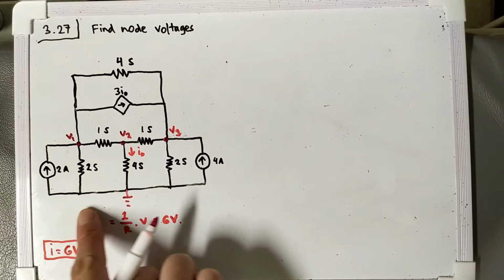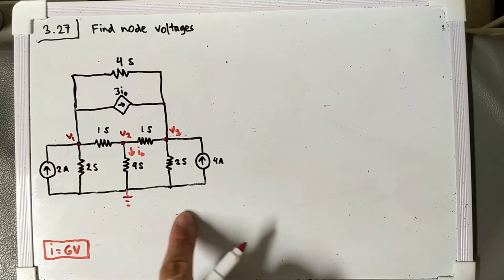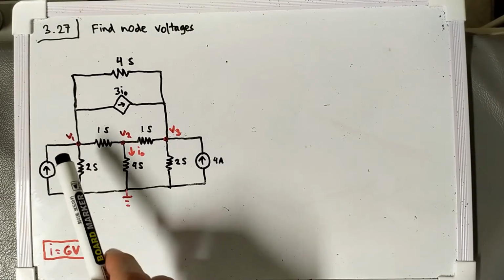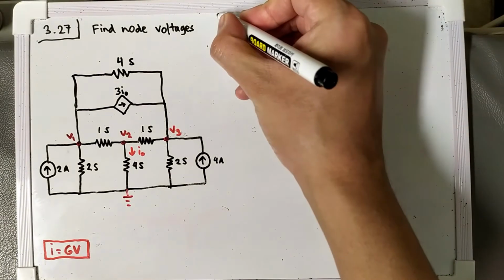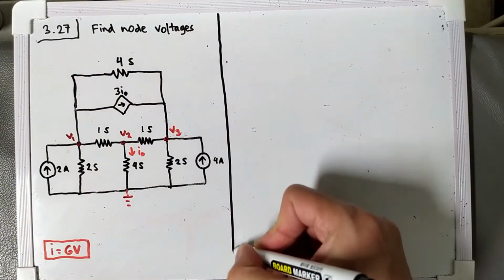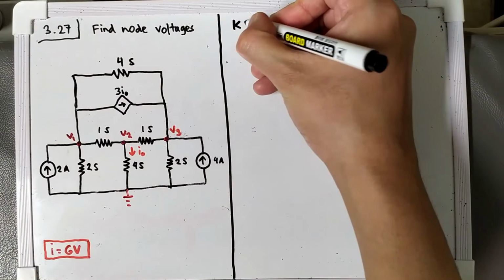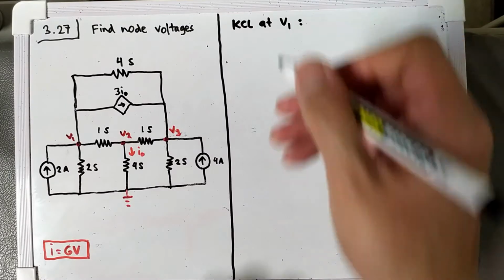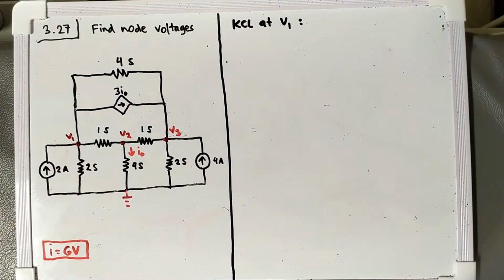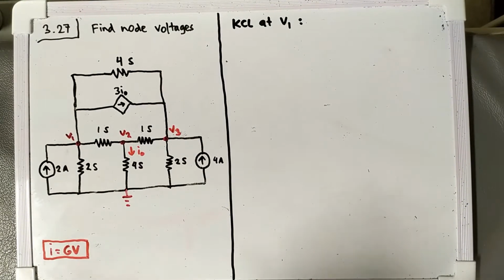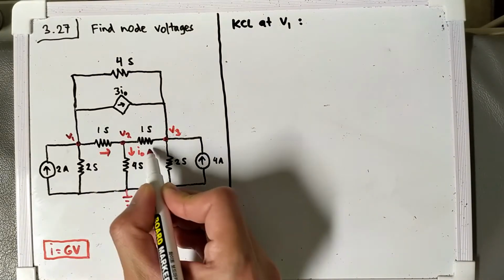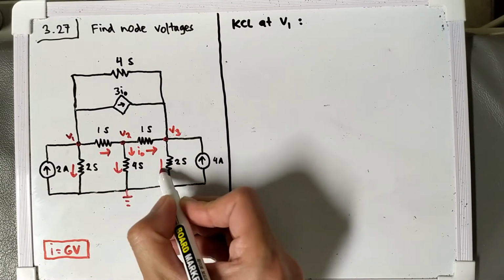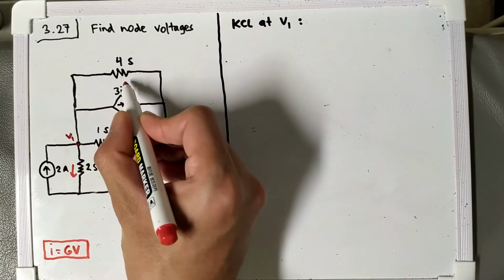I will erase this one. So let's start at V1. I will draw my line here. Let's start by using KCL at V1. We first need to assume where the current is going, and as usual, I make the horizontal one go to the right and the vertical one go to the bottom, and it usually works every time.